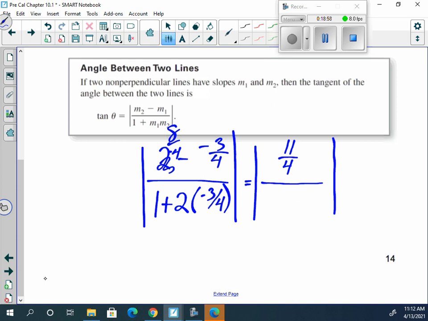Now in the denominator, you're going to get 1 minus 3/2.